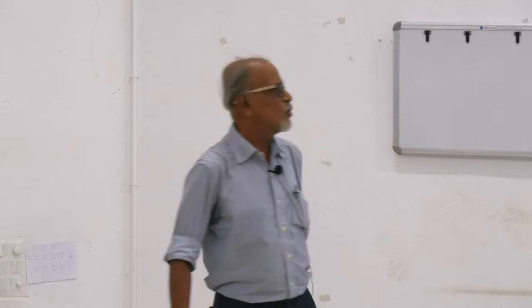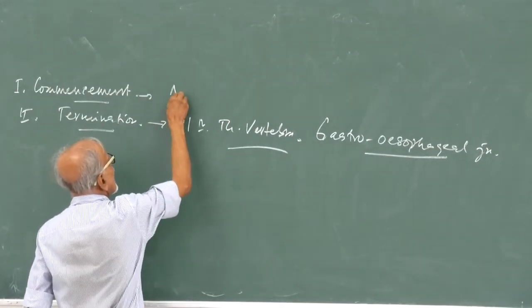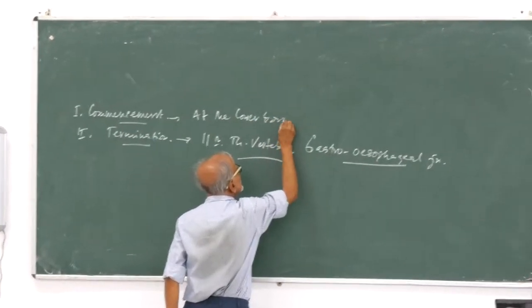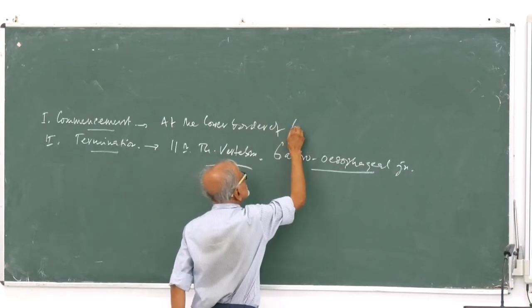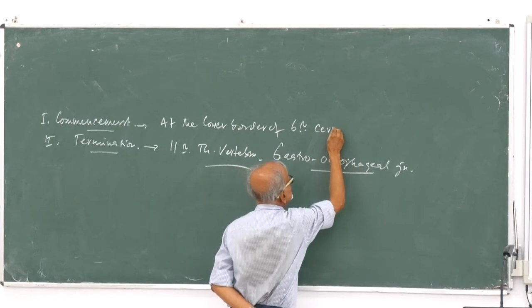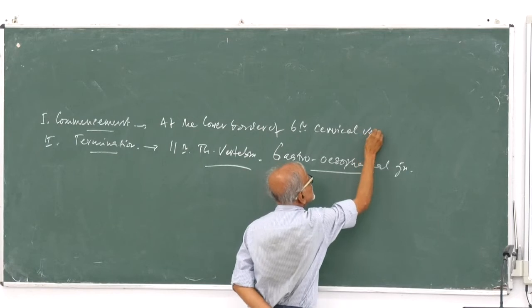Where? হ্যাঁ বলো, হ্যাঁ ভেরি গুড, এই তো বলেছে। তাহলে esophagus will begin at the lower border of 6 cervical vertebra, ঠিক আছে? তাহলে commencement will be at the lower border of 6 cervical vertebra.